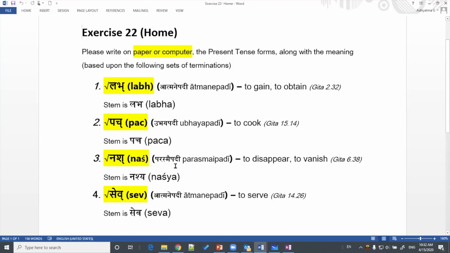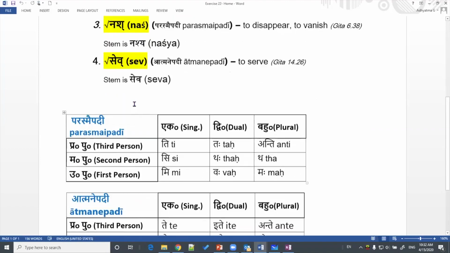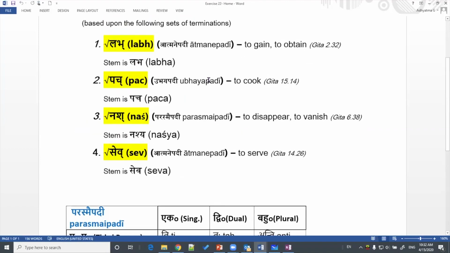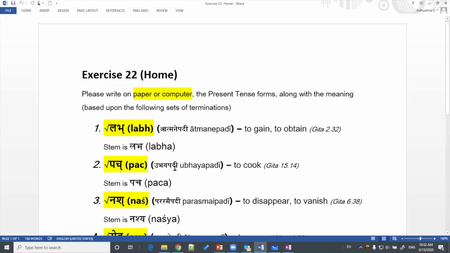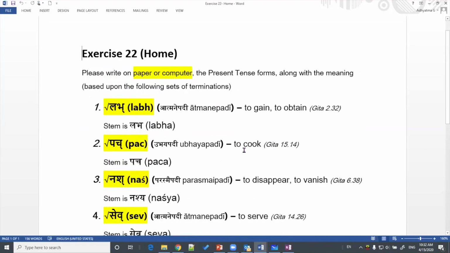You will write these forms based upon these endings, just like you did for the class exercise. So when the verb is ubhayapadi, write both endings. Otherwise I have written whether it's parasmaipadi or atmanepadi, and I have given you the stem. So write that ending accordingly. So this is your second exercise.